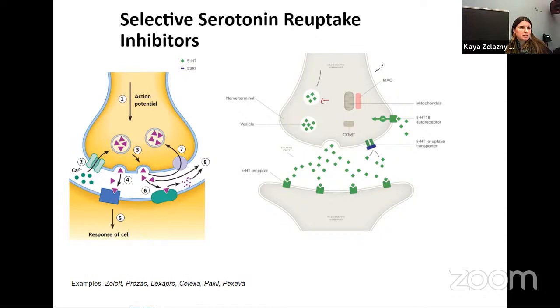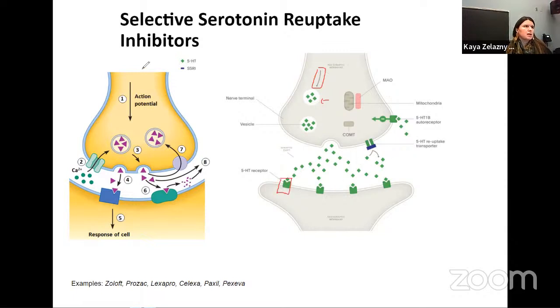We have our action potential coming down. Our neurotransmitter should be released as the voltage-gated calcium channels are triggered. We have neurotransmitters released, and the receptor for serotonin here is our 5-HT receptor.